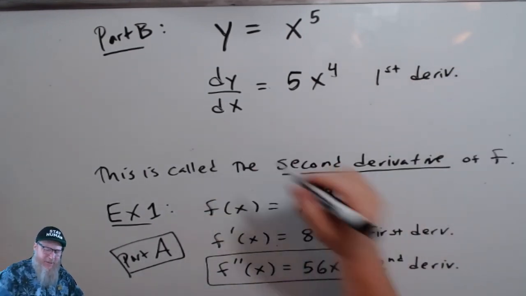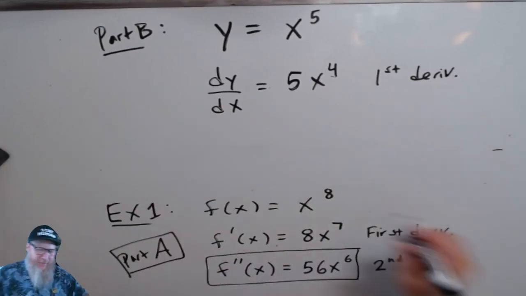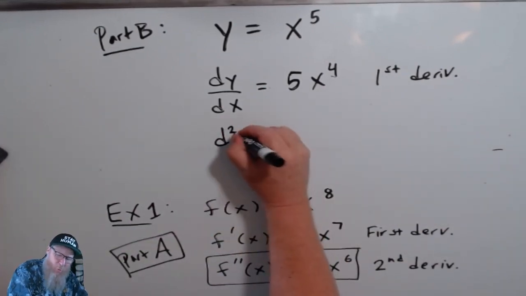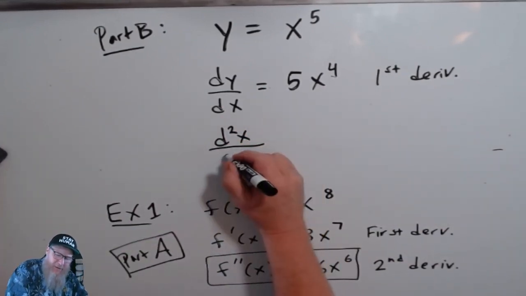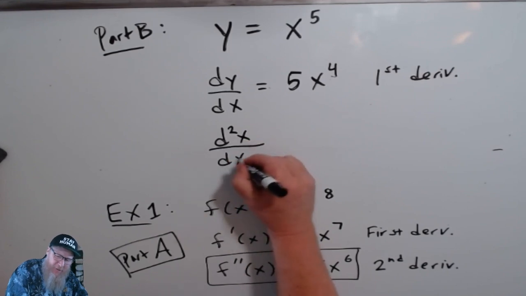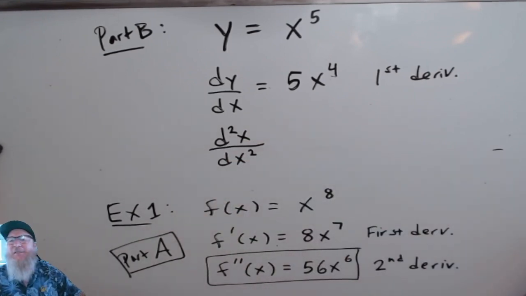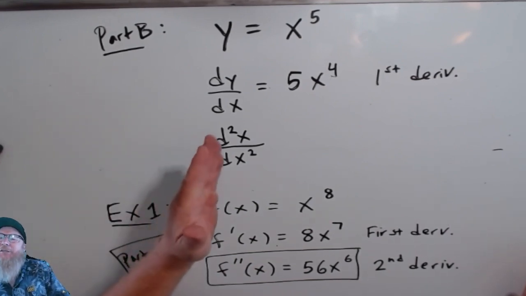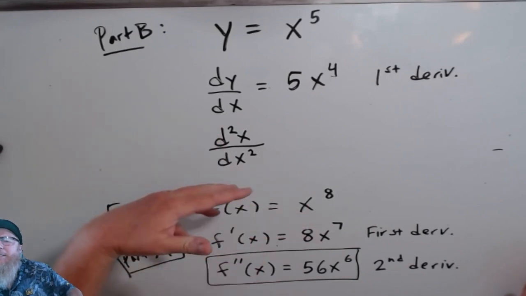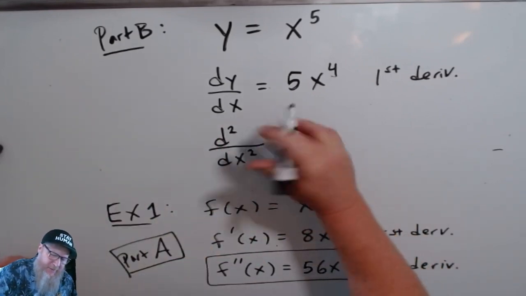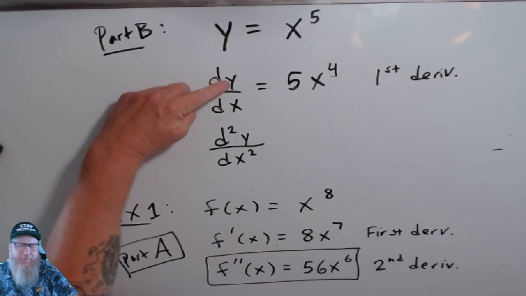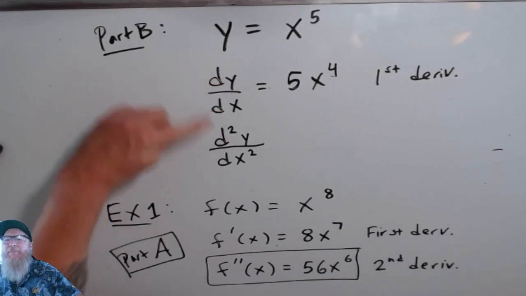Now, the second one is strange the way we write it. I always thought this was kind of weird. We put a squared on the d, and then we put a squared on the x. Don't ask me why. I guess you are taking the derivative twice. Oh, sorry, almost wrote it wrong. The numerator is y, the denominator is x.